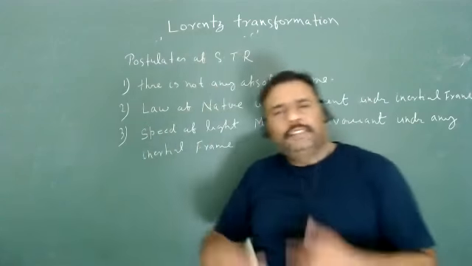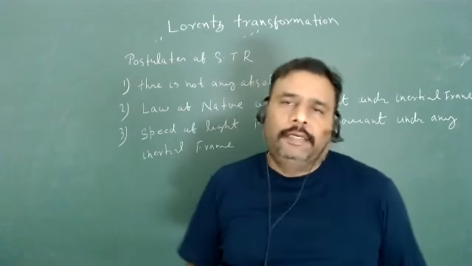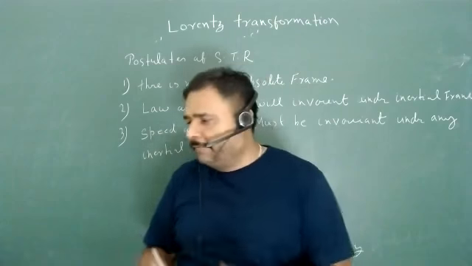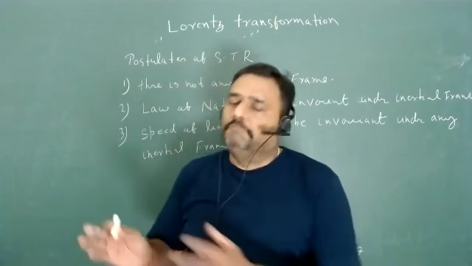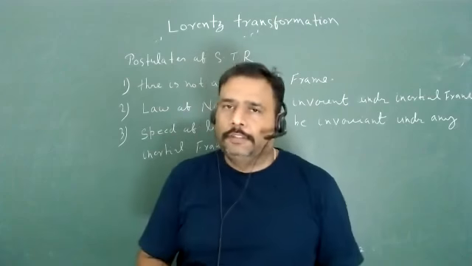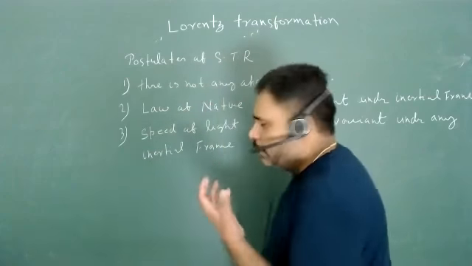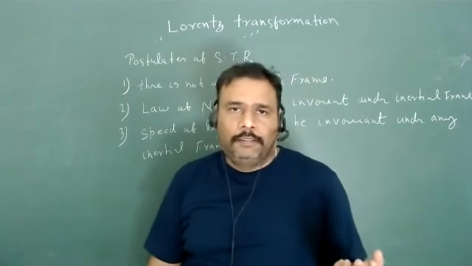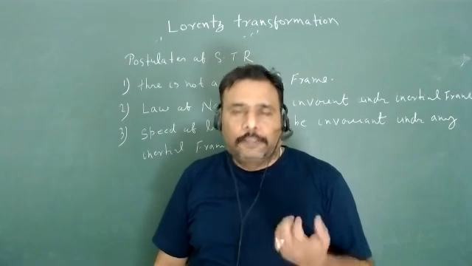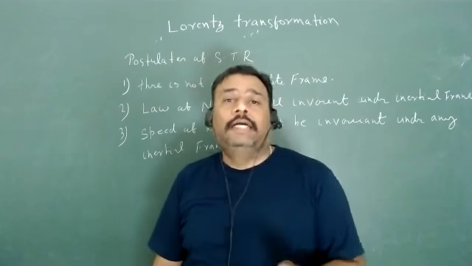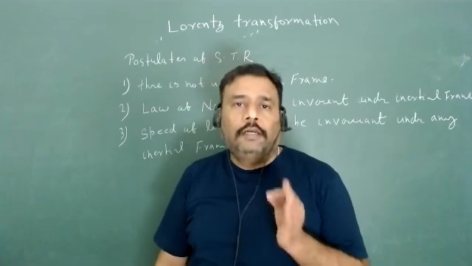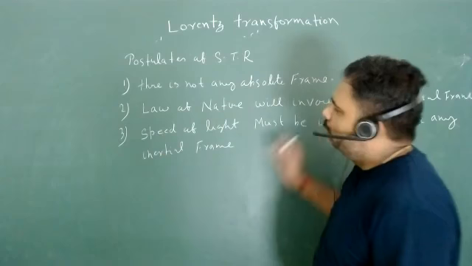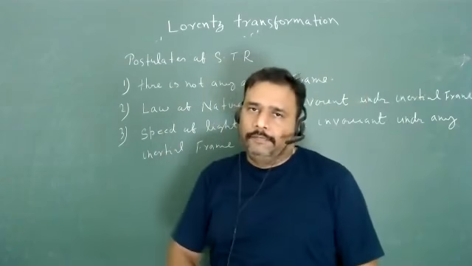This is an observation, and you never deny observation when you are discussing physics. The experiment has to be verified with the beautiful nature of mathematics, a beautiful theory. So we have to give justice to the Michelson-Morley experiment by our theory. That is why we keep this as a rule of nature: the speed of light must be invariant under inertial frames.